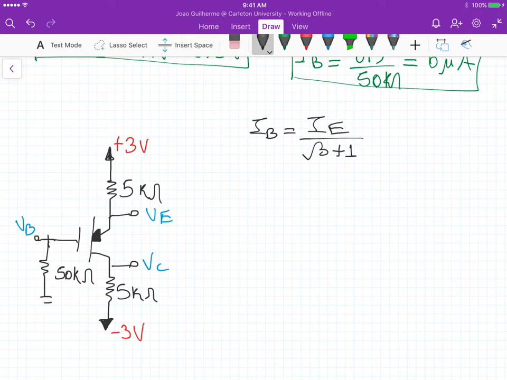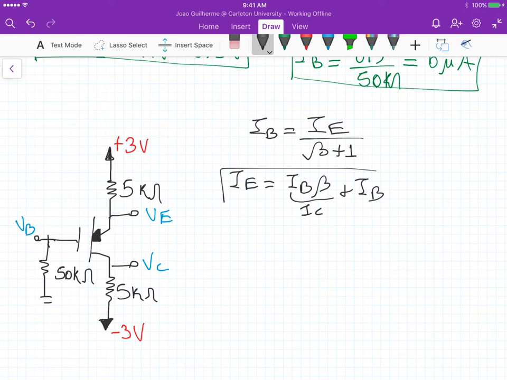This equation comes from the condition that IC is beta times IB, and IE is the sum of IB plus IC. So it's IB plus IB times beta. So IE is equal to IC plus IB.